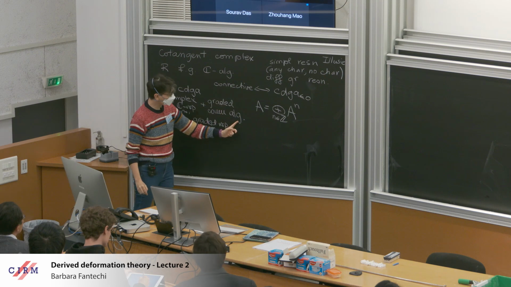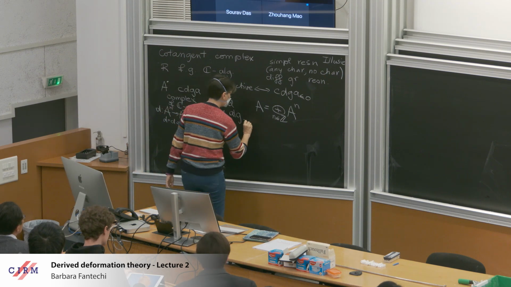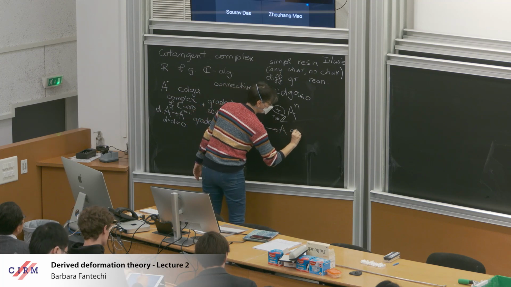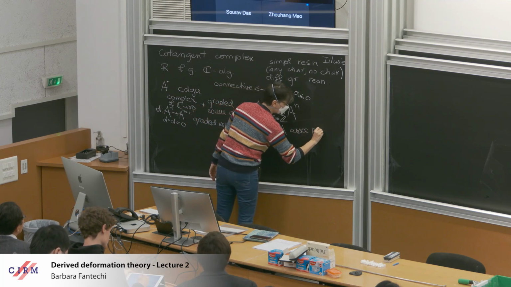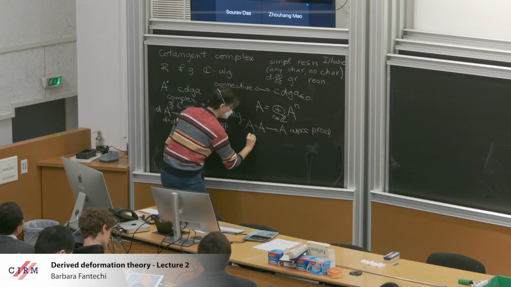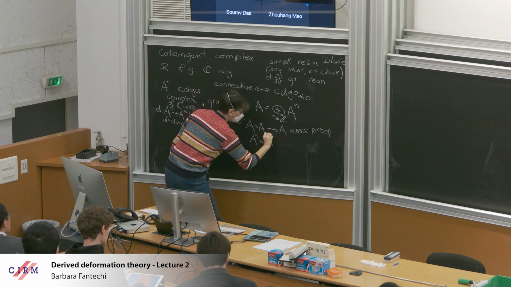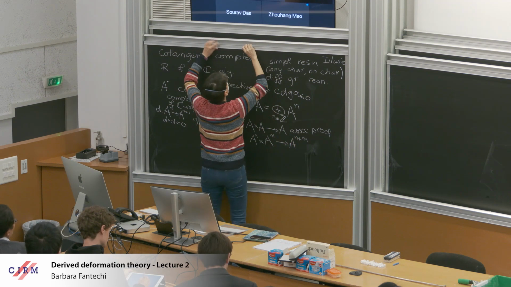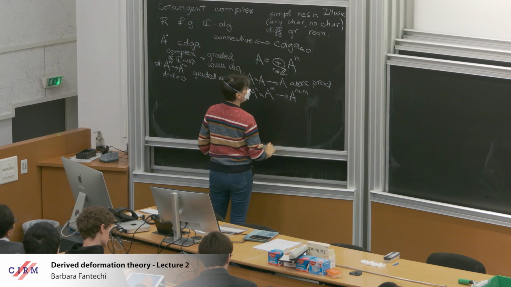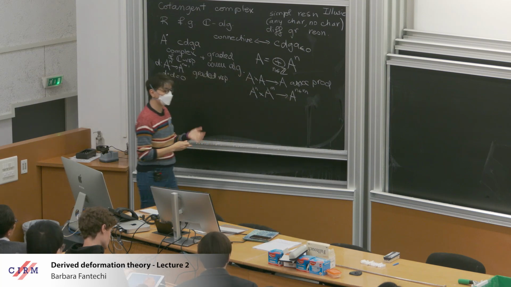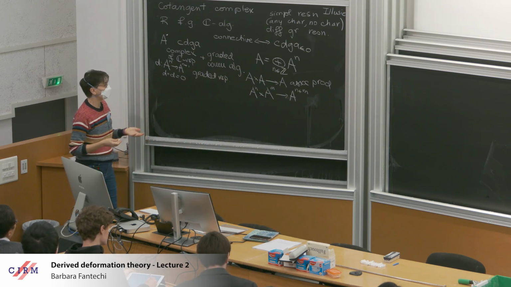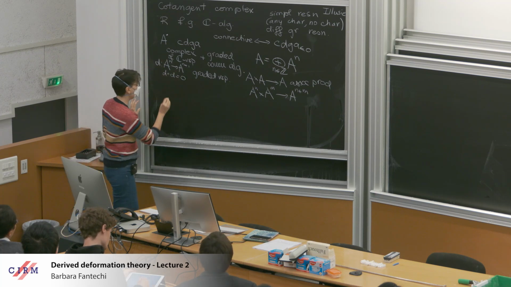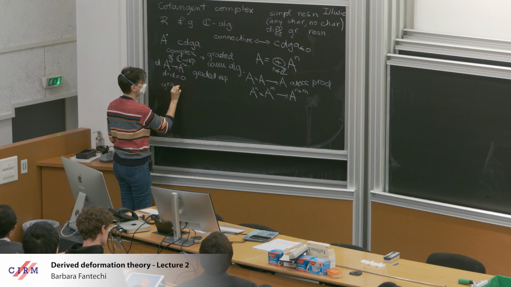And to get a graded commutative algebra, you have to give an associative product with the property that it respects grading in the obvious sense, and it's graded commutative, and then you want a compatibility which is graded Leibniz.